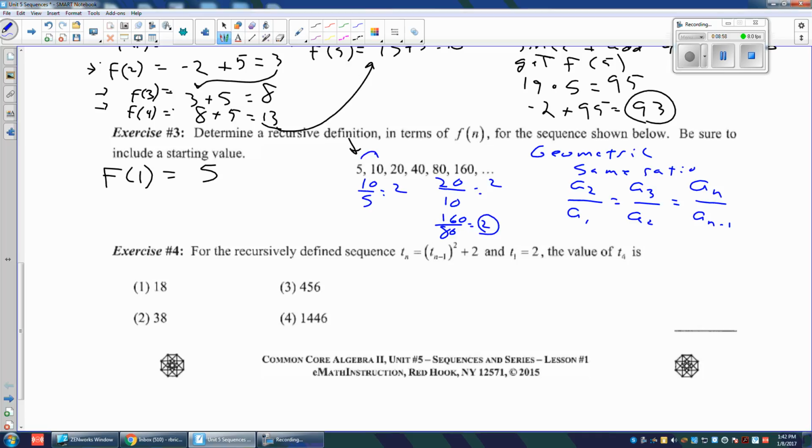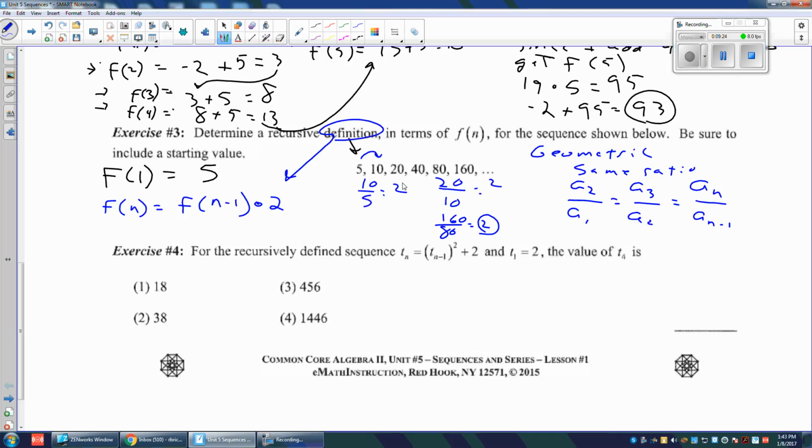So that means that the first term is 5, and any term after that, the nth term, is the previous term times 2. There's the definition.